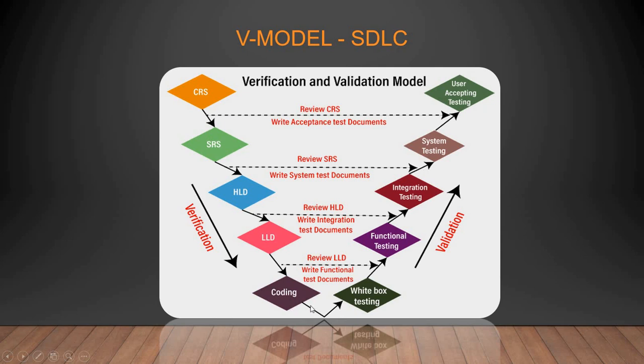The test team is involved in reviewing the LLD, low level design, and writes functional plan and functional test cases. In the next stage, the development team releases the build to the test team. Once the unit testing is done, the test team carries out functional testing, integration testing, system testing, and acceptance testing on the release build step by step.